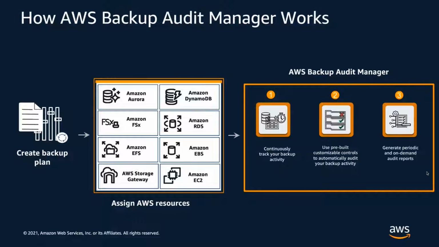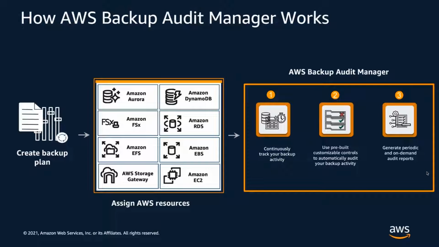Now, this is a very common audit requirement where auditors might ask, hey, show me how you were taking your backups 3 months back, right? So you can just go and look at this change history, export it, and show it to your auditors, and see how your backup environment has evolved over a period.